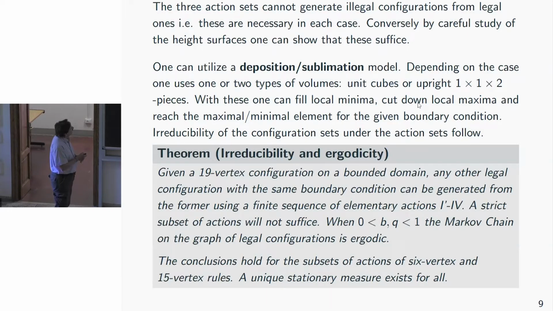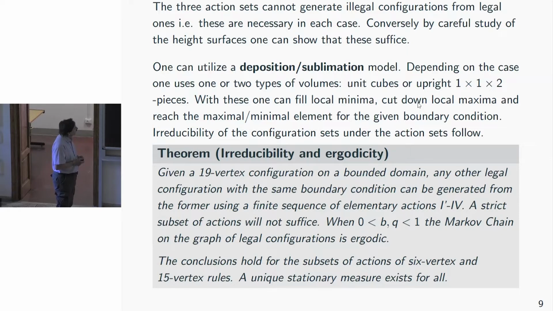And I stated here, this part is for the 19 vertex rule, but the same thing holds for the 15 vertex rule and obviously for the 6 vertex rule as well. So with these stated elementary actions, you can get the irreducibility, and then you get aperiodicity when you have these parameters like this, and then you get the ergodicity of the Markov chain.